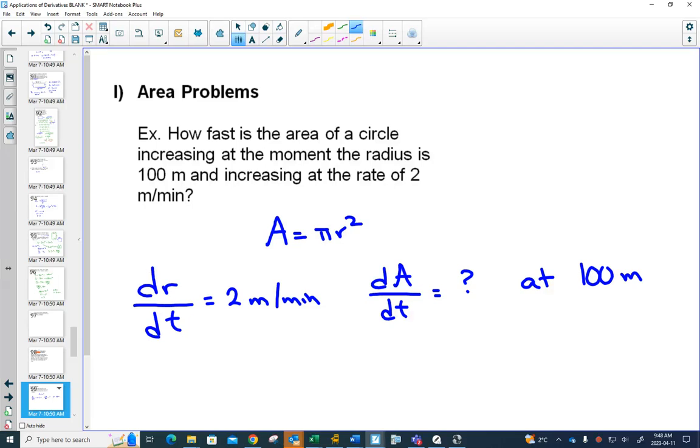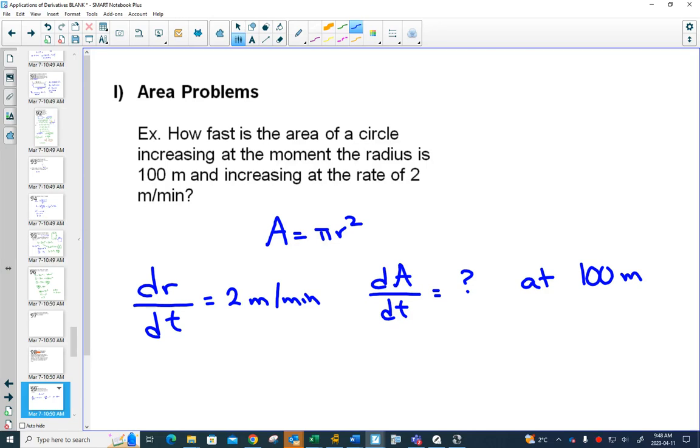Notice we have no variable t anywhere. Okay? But we're told dr/dt, and we're asked to find dA/dt, and we don't have any equations with t. All we have is an equation that relates our area to our radius.